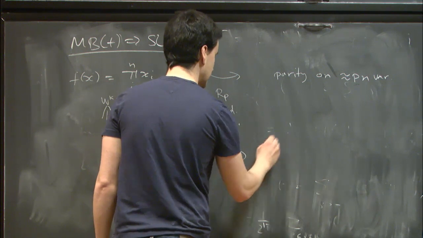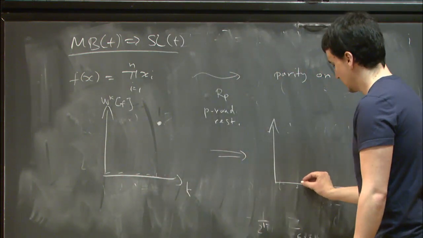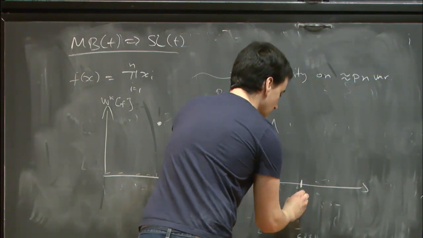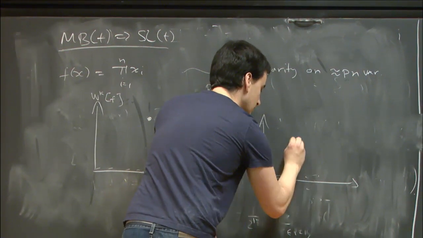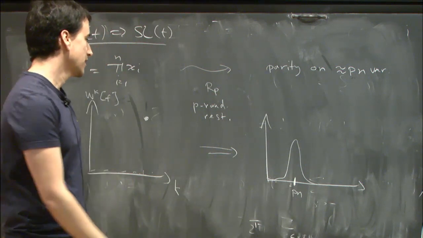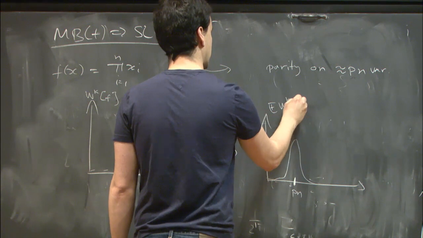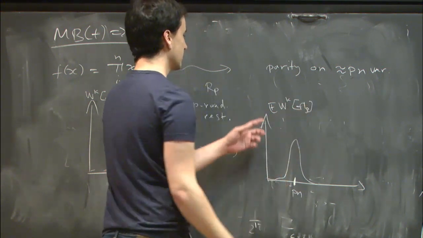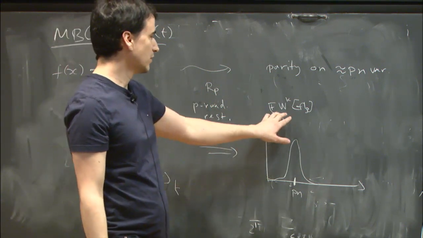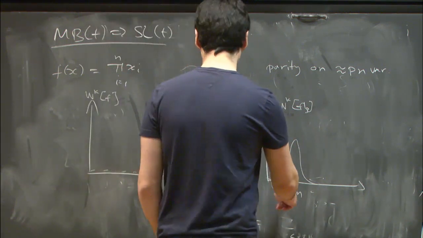And after the random restriction, the number of variables behaves like a binomial random variable, a bell-shaped thing around p times n. So the expected weight at level k of the restricted function, which is a random function because it depends on a random restriction, behaves roughly like this.